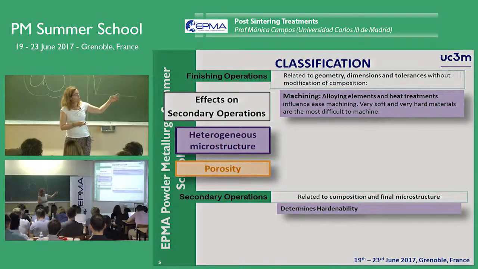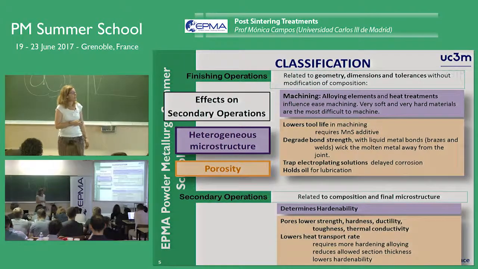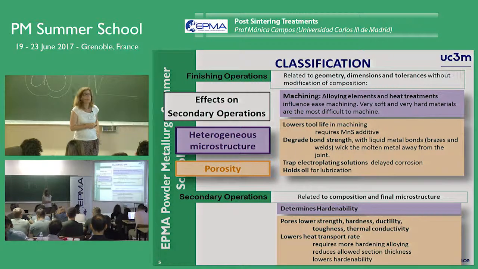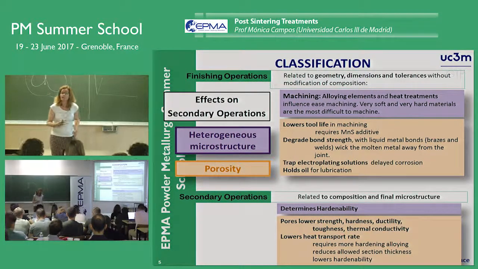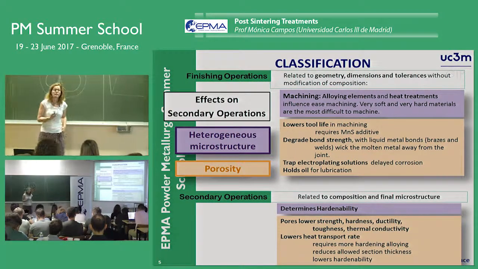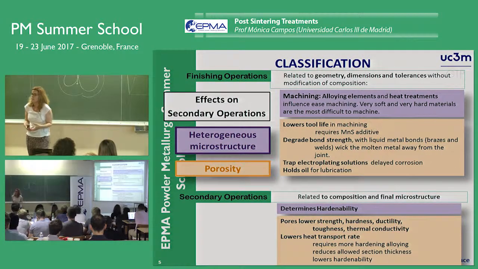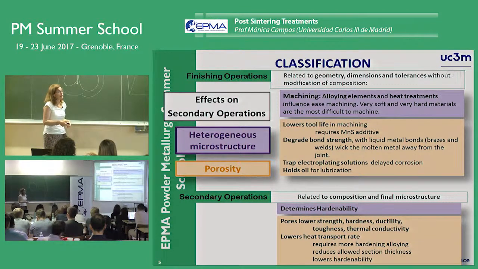In secondary operation related to the composition, of course, heterogeneous microstructure determines the hardenability of our system. And porosity. Porosity lowers the tool life. That's the reason why we need to include some additives that make the machining process easier. Pores can trap some electroplating solution, maybe that we need for cleaning our component, or retain the oil that we need for lubrication.